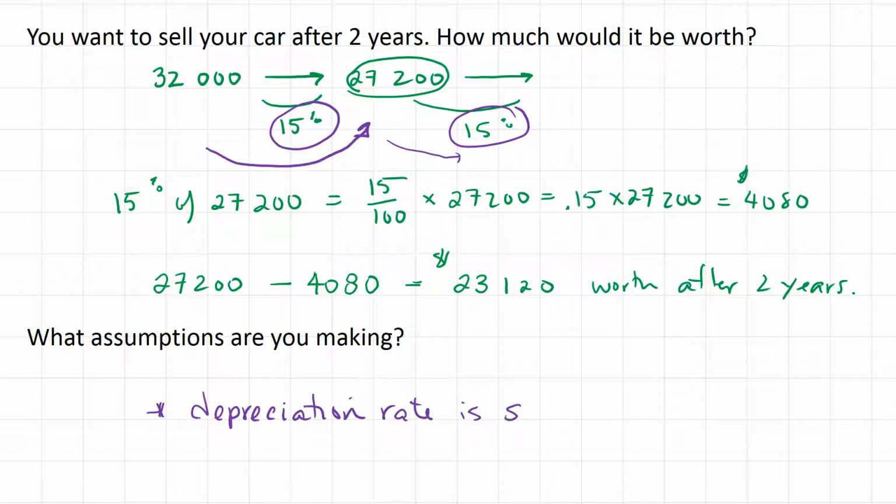And the other thing we're assuming, because we're asking how much the car is worth, is that the car hasn't had any accidents, because if it has an accident, it would probably be worth less.